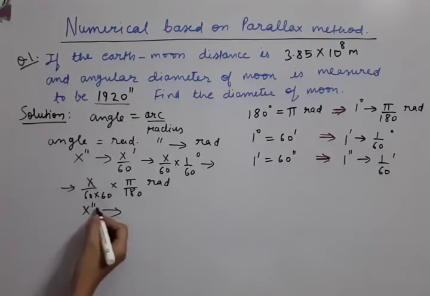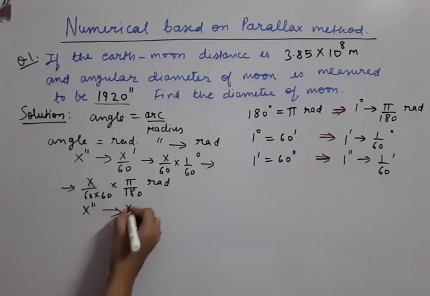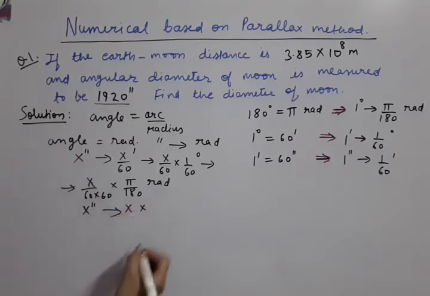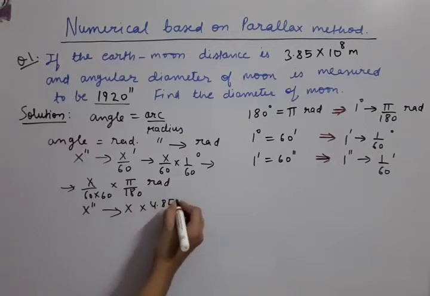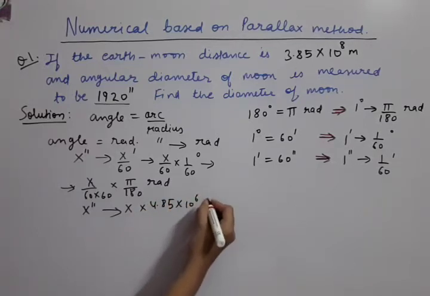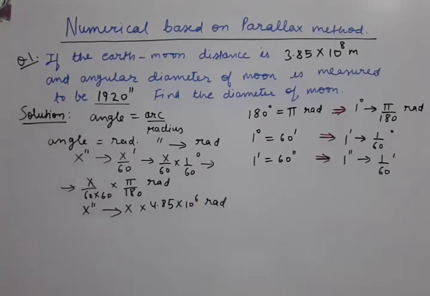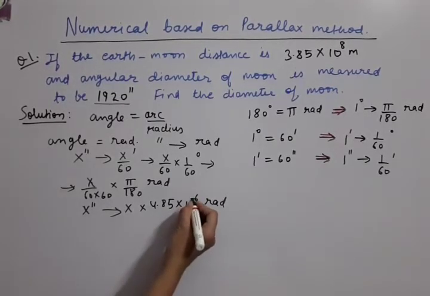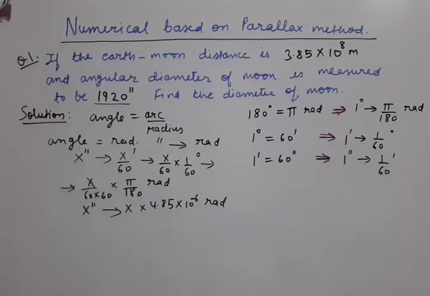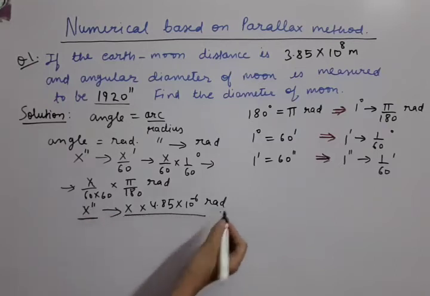If any x seconds we have to convert, we have to multiply that x with 4.85 into 10 raised to power minus 6, so this term will convert to radian. Okay, minus 6 you remember. So this is the conversion from seconds to radian.